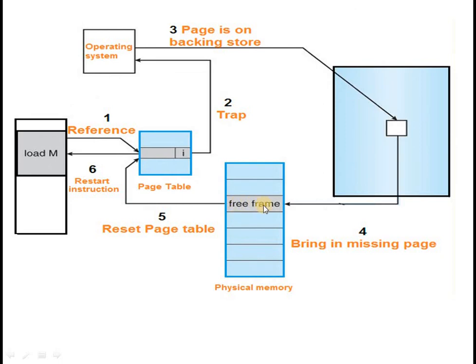After finding the free frame, it goes to the page table. Here the page table is updated with the free frame. Now that free frame is allocated to that process, and now the process takes the page and is loaded into the ready state for the execution. This is called the page fault technique.